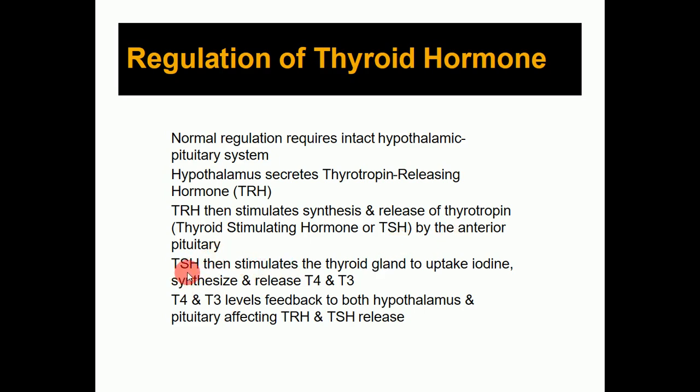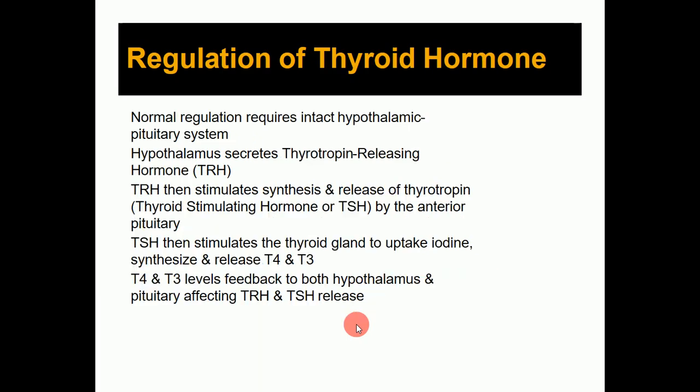TSH then stimulates the thyroid gland to take up iodine, and to synthesize and release T4 and T3. The levels of T4, tetraiodothyronine, and T3, triiodothyronine, feed back to both the hypothalamus and the pituitary, affecting TRH, thyrotropin releasing hormone, and TSH, thyroid stimulating hormone.